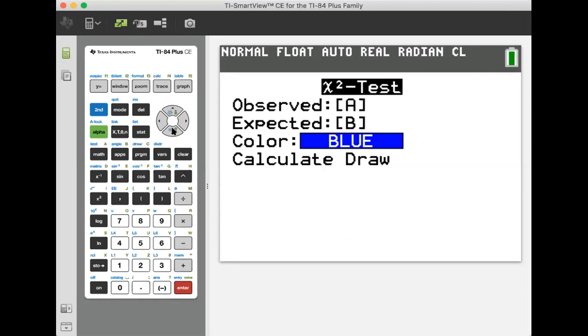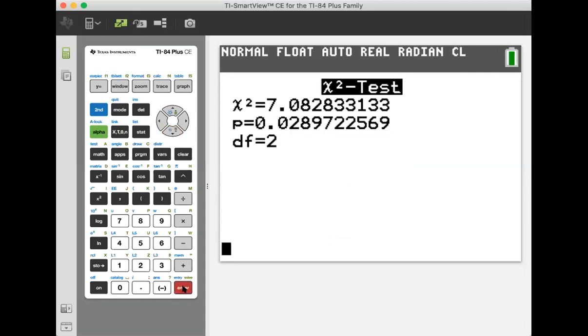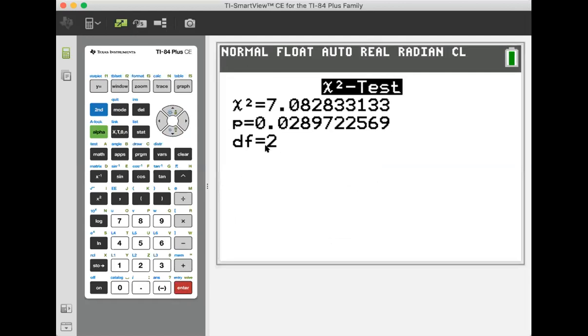A for the observed values, B for the expected values, and we calculate, and we get a chi-squared value of 7.083 and a p-value of 0.0290, rounded to 4 decimal places.